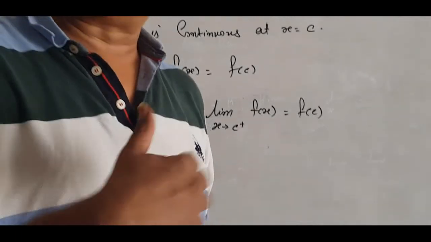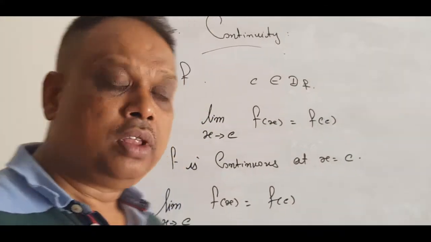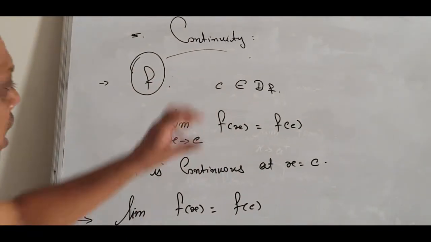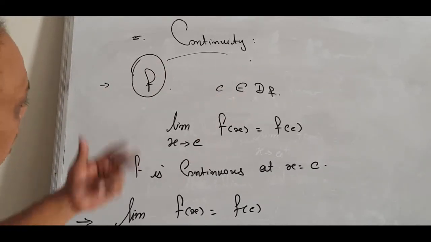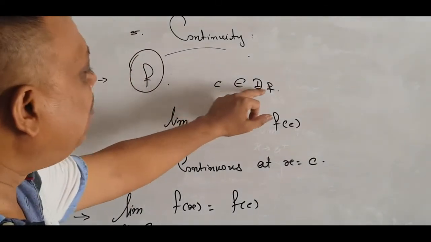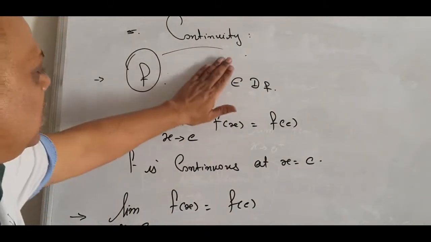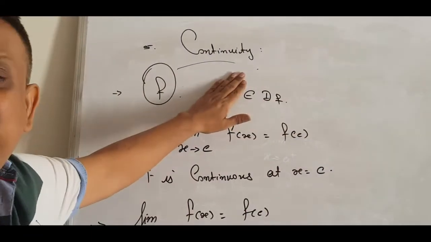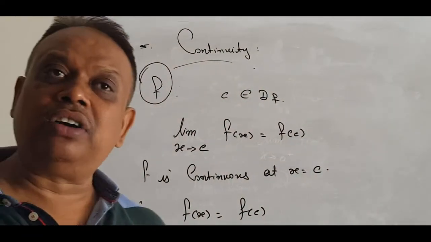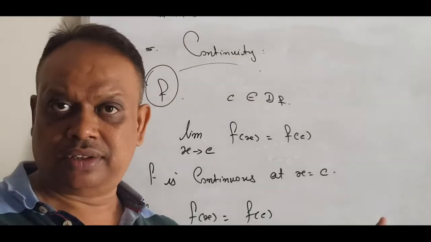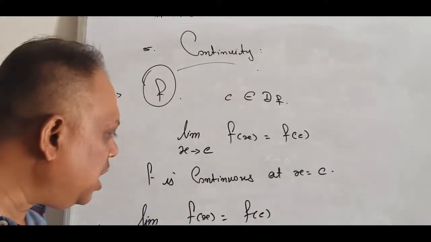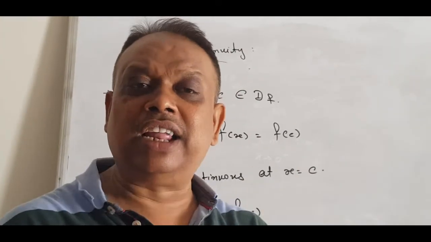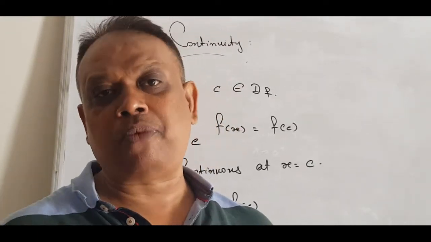If the function f is defined on the real numbers, here I took a point, but if the function is continuous at every element of the domain of the function, not only c, but at every point of the domain of f, we can say that it is a continuous function. Two things are there: a function continuous at a point, and a continuous function, meaning it's continuous at every point of the domain.